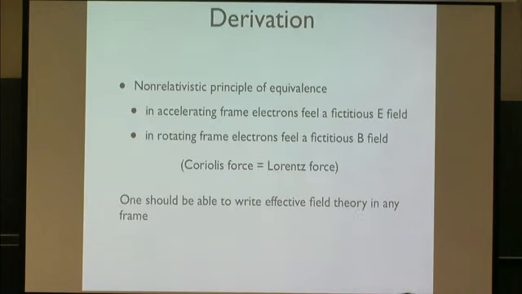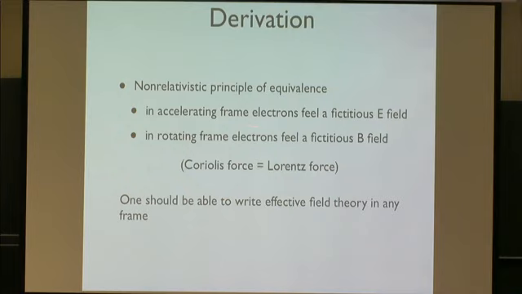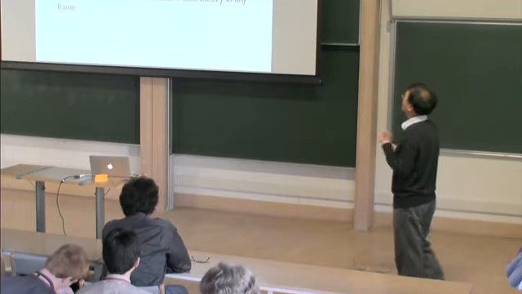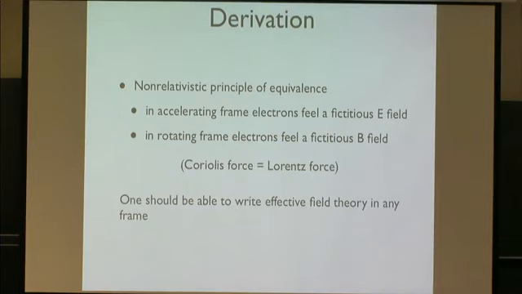There is something similar in a system of non-relativistic electrons, all with the same charge and the same mass. If we go to an accelerating frame, the electron feels a fictitious electric field that would create the acceleration. And in a rotating frame, the electron feels a fictitious magnetic field. The Coriolis force in the rotating frame can be thought of as a Lorentz force created by a fictitious magnetic field.